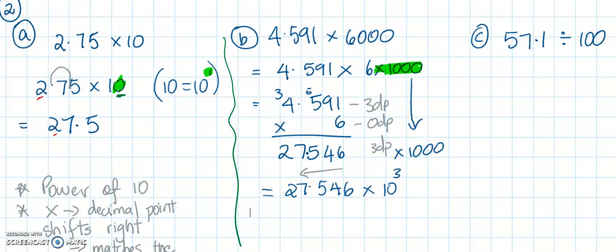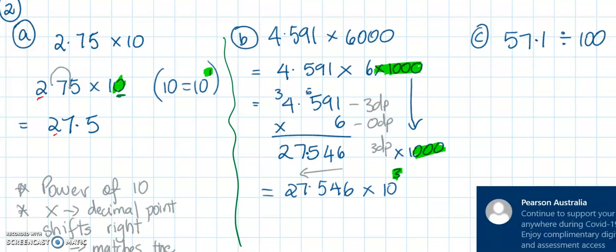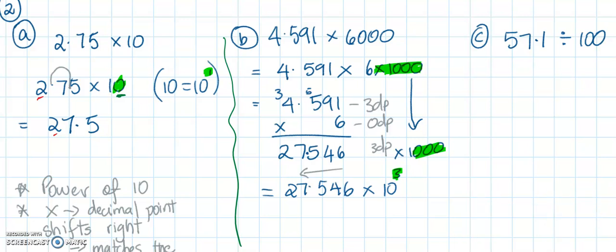They mean the same thing. We've got a power of 3 and 3 zeros, so we move our decimal point 3 places to the right, 1, 2, and 3, and we end up with 27,546 as our final answer.